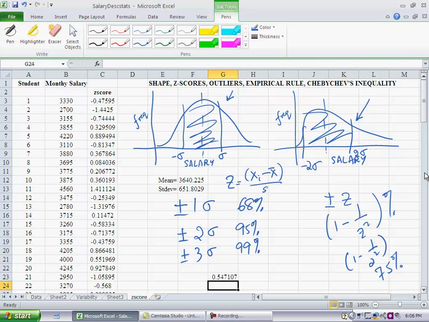If the pattern of values is exactly symmetric, then you have a skewness of 0 or something close to 0. So any skewness close to 0 means that the pattern of values is symmetric about the middle, about the mean.